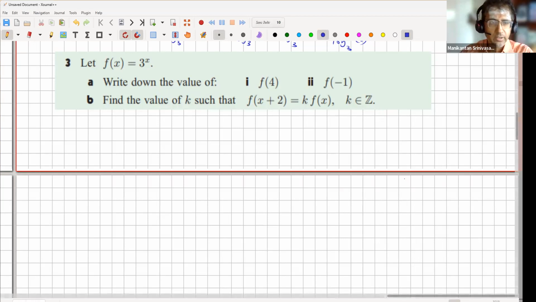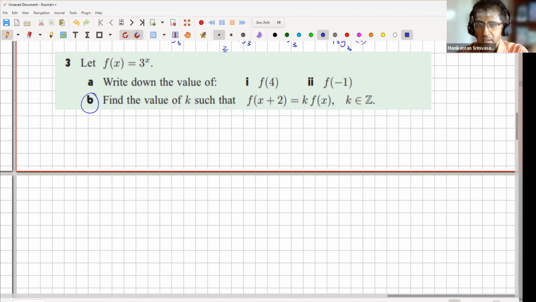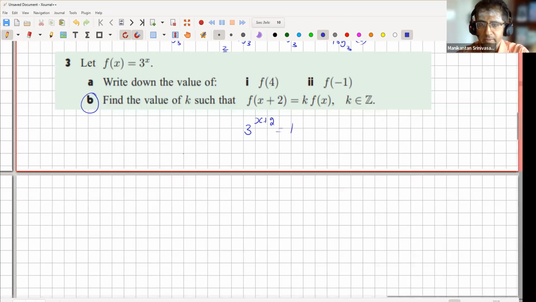You don't have to do 3A, just do 3B. Yes, I'm done. What is it? So 9. Fairly straightforward, right? Ahana, you're okay as well? 3 power x plus 2 equal to k times 3 power x. Therefore, 3 power x gets cancelled, so k equal to 3 power 2, which is 9.